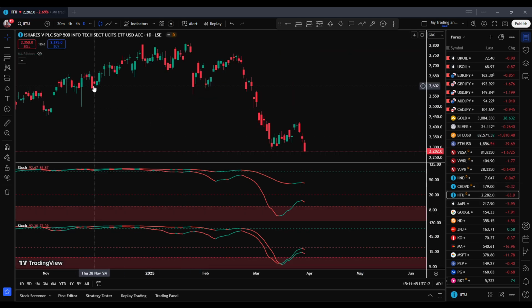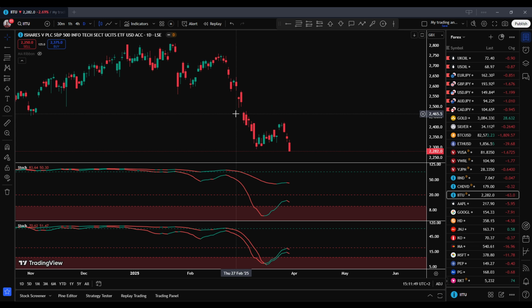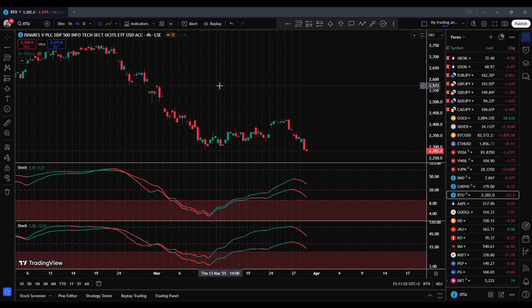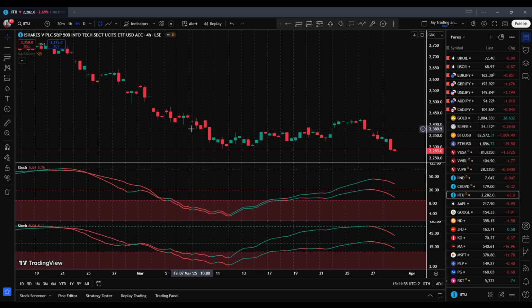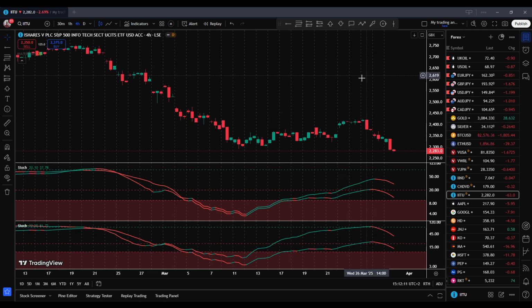Next is iShares Infotech sector from S&P 500 on the 4-hour. We have got a signal here from Friday 7th of March. All stochastics oversold, change in the trend. Time to invest here.